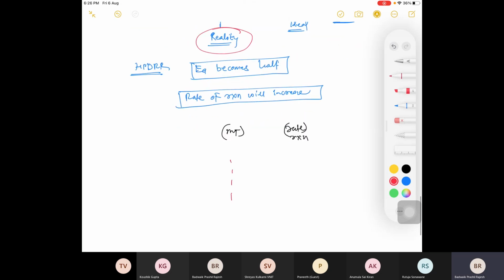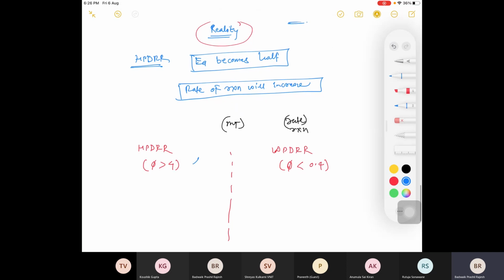Now if I'm writing two values, high pore diffusion resistance regime and weak pore diffusion resistance regime, here Thiele modulus is greater than 4, and here Thiele modulus is less than 0.4. You know Thiele modulus is directly proportional to the rate of reaction divided by rate of diffusion.